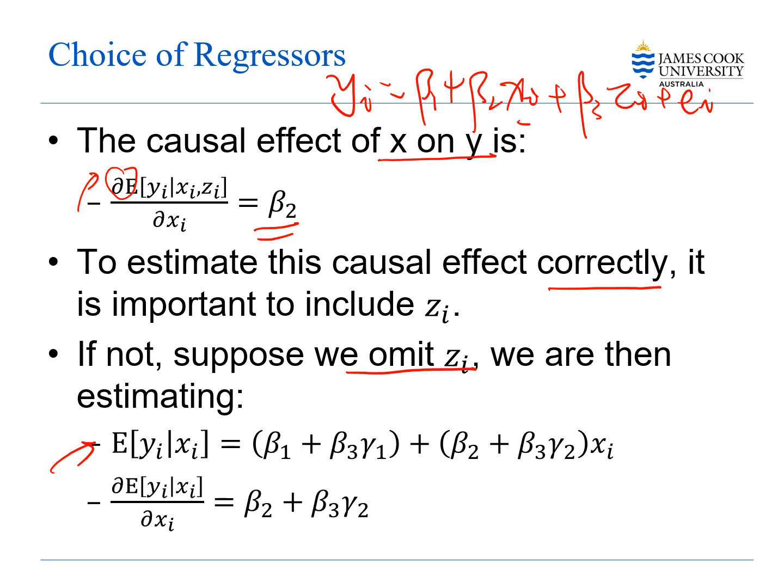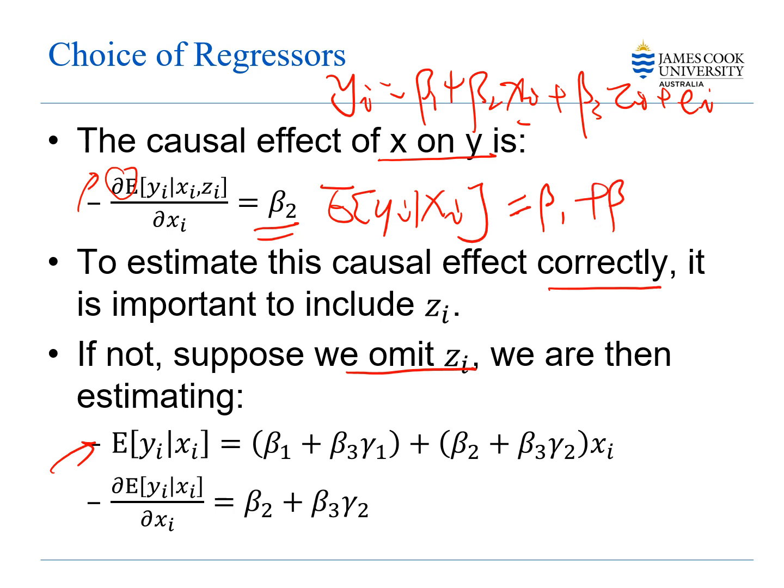So we take the expectation of yi conditional on xi, and I hope you are comfortable with this expectation operation. You can think of it as a linear operation on both sides of the equation. Beta 1 is a constant, so it doesn't depend on xi.